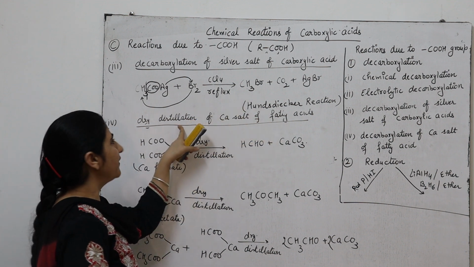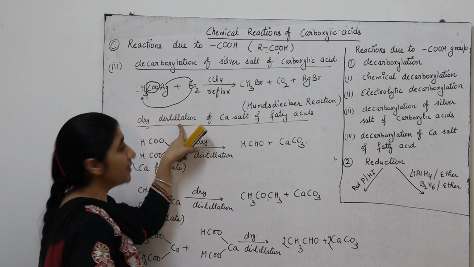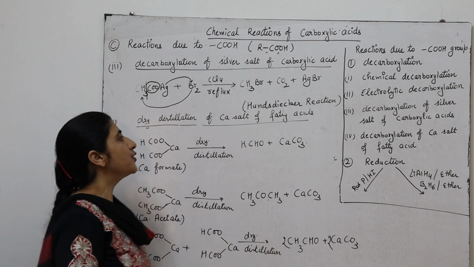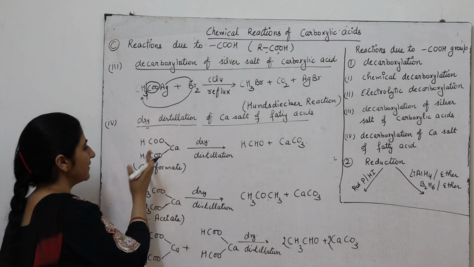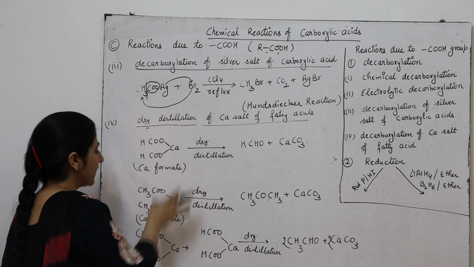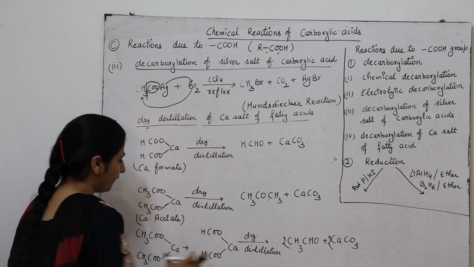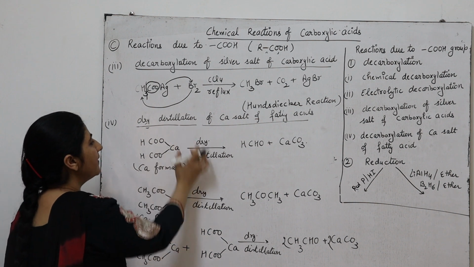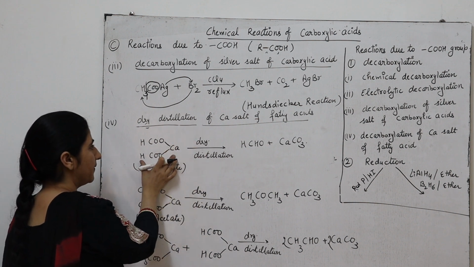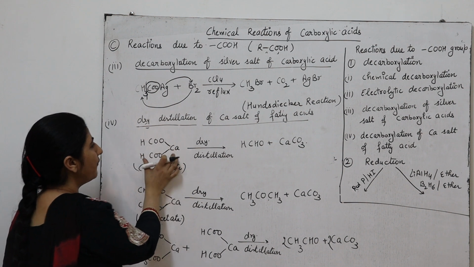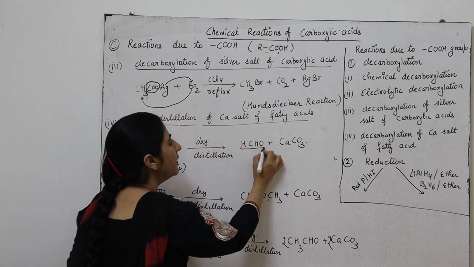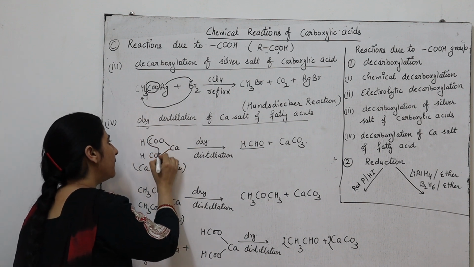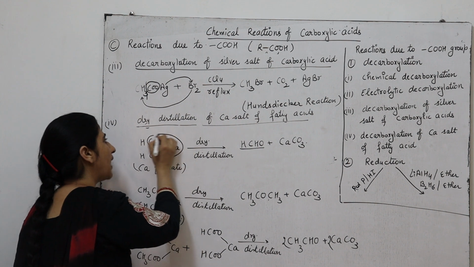The fourth type of reaction is the dry decarboxylation, or dry distillation, of the calcium salt of fatty acid. So we have three types: calcium formate, calcium acetate, or a mixture of calcium acetate and calcium formate. On dry distillation of calcium formate, it gives formaldehyde along with the formation of calcium carbonate.